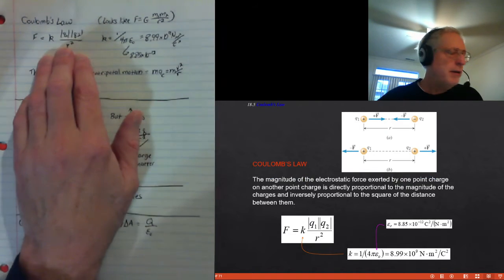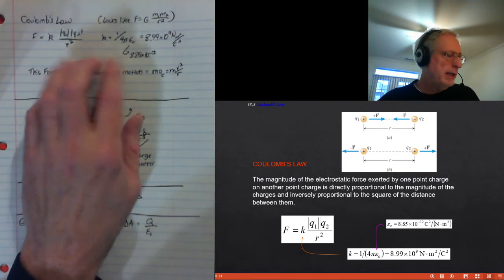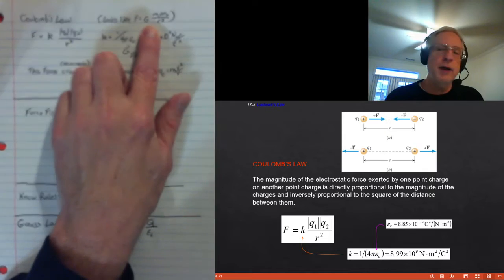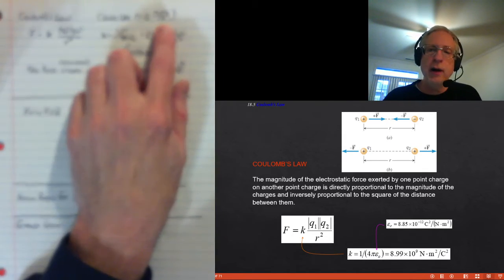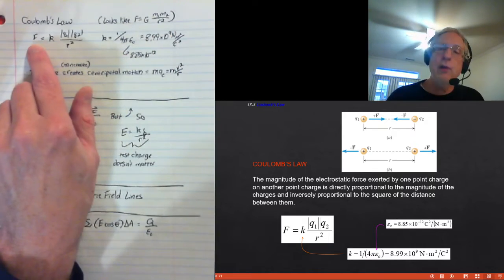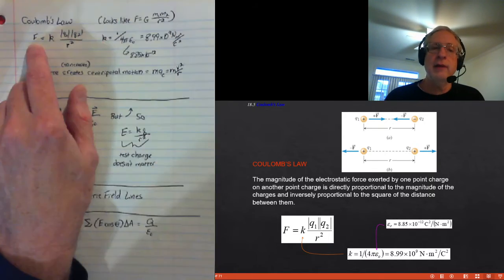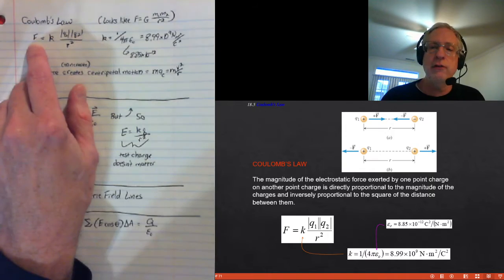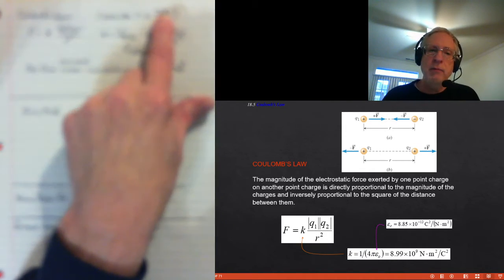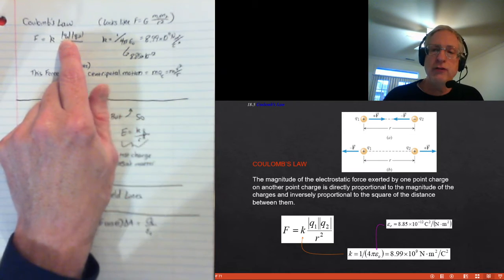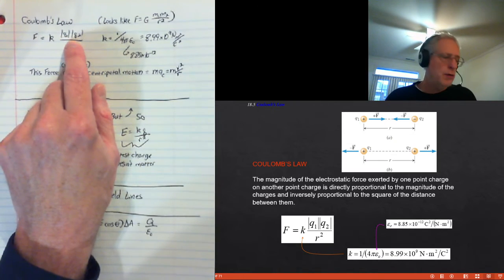And the magnitude of this force, interestingly enough, follows the same format as gravity. Force of gravity is G m1 m2 over r squared. It's an inverse square law. Coulomb's law follows the same rule. It's a force of attraction and repulsion, just like gravity, but instead of being caused by mass, m1, m2, this is caused by charge, q1 and q2.